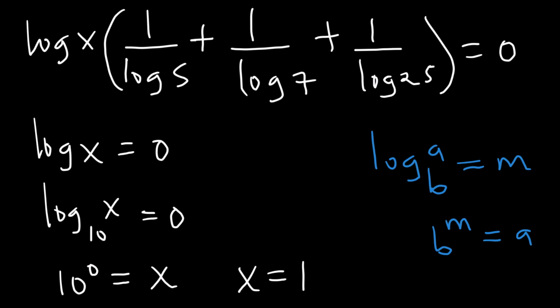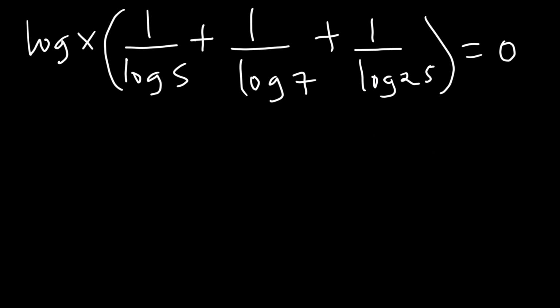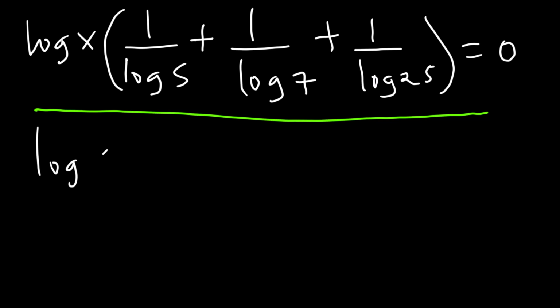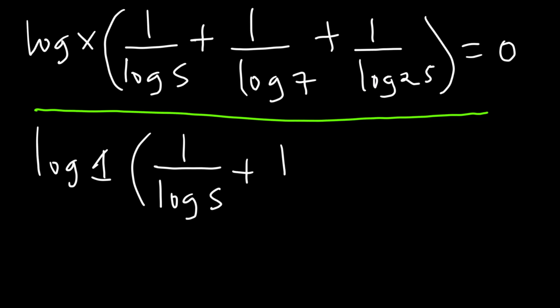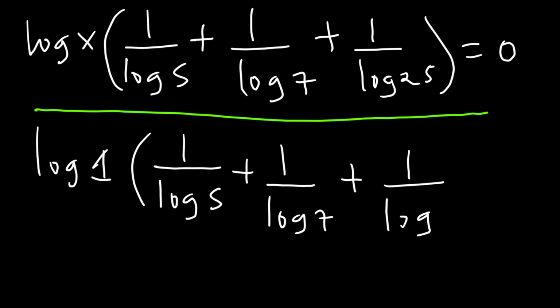And actually, if you want, you can prove this answer. We simplified our equation and we got this as the result. Therefore, if we substitute in x equals 1, we shall have log of 1 times 1 divided by log of 5 plus 1 divided by log of 7, and then minus 1 divided by log of 25, and this will be equal to 0.